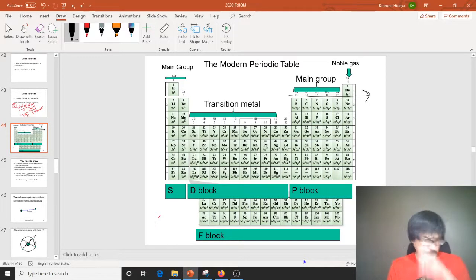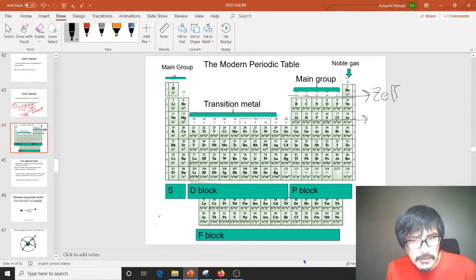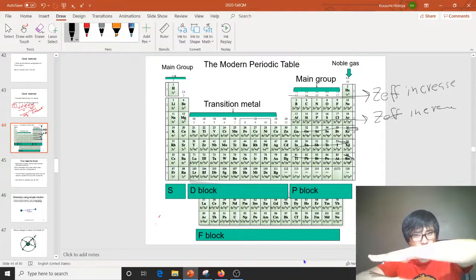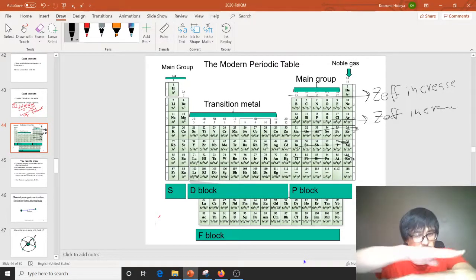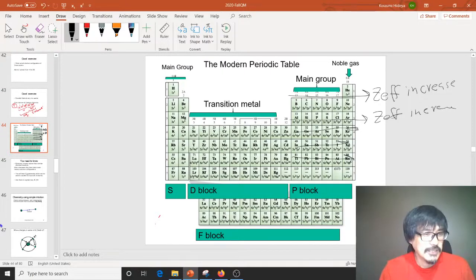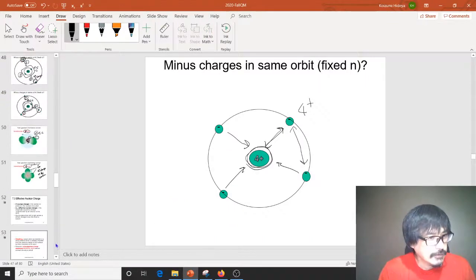But across, the effective charge increases. Between one row and the next, there is not much of a difference for Z effective.